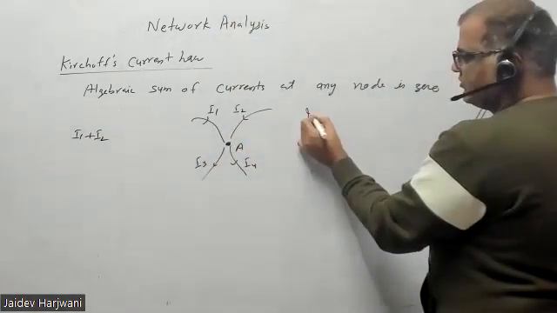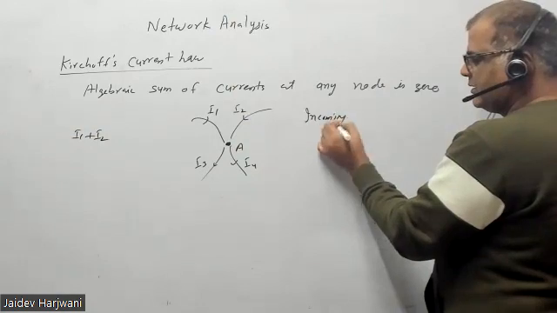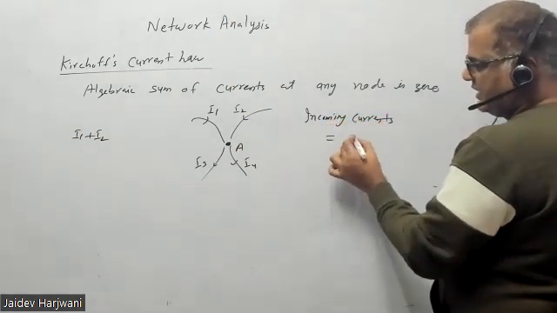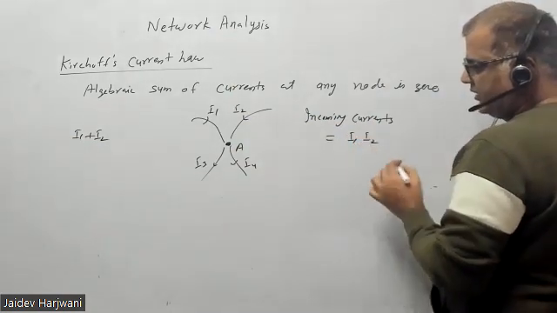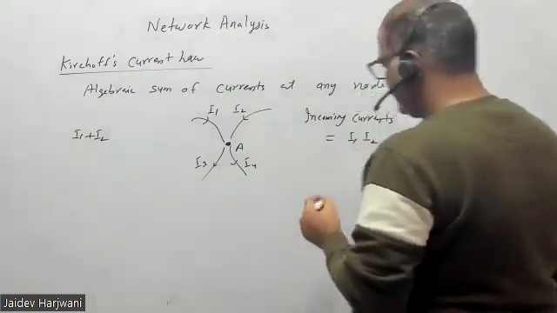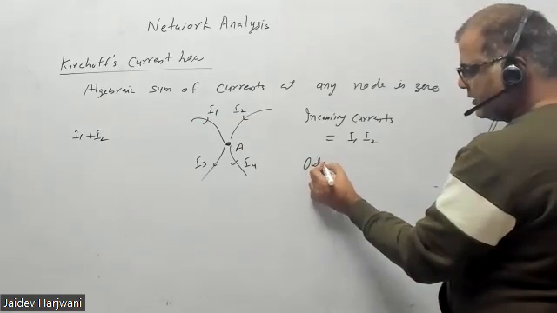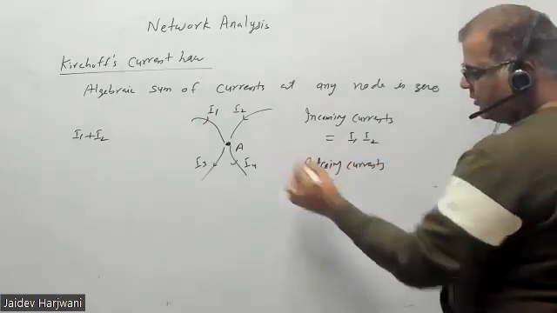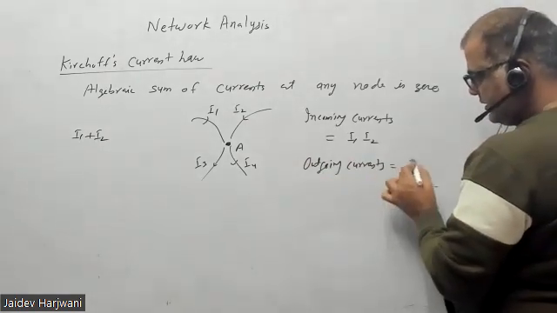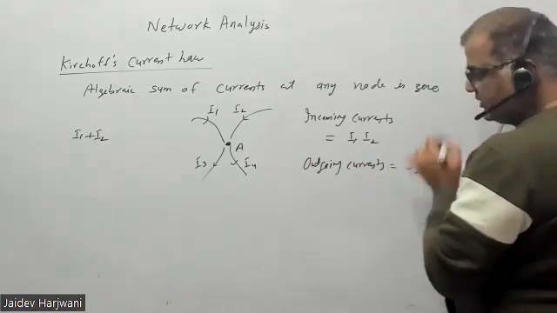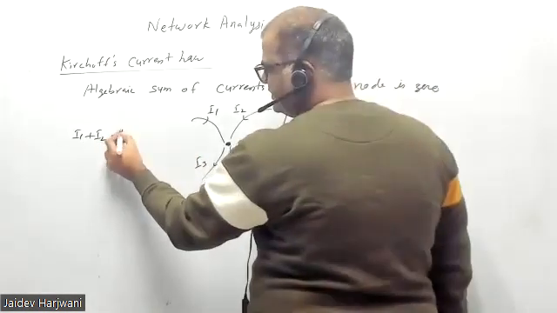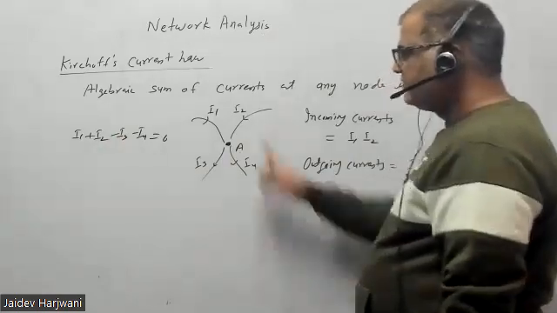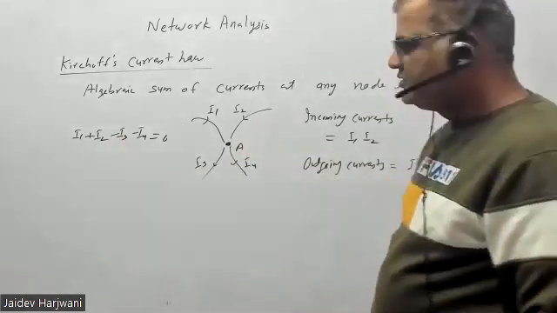Incoming currents are I1 and I2, so both will be positive, and outgoing currents are I3 and I4, which you have to take negative: minus I3 minus I4 equals 0. So the algebraic sum of the currents at any node should be 0.